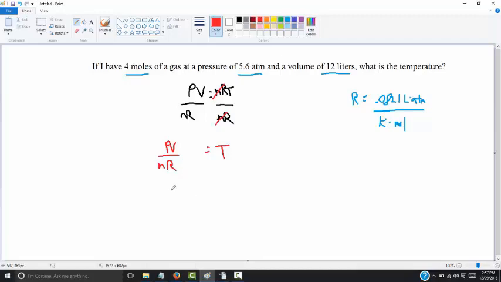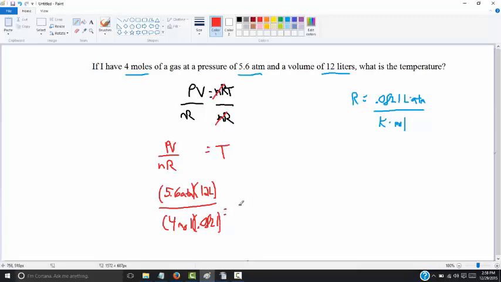So pressure, 5.6 atmospheres, times the volume, 12 liters. All that over n, which is 4 moles. And then the value for R, 0.0821.